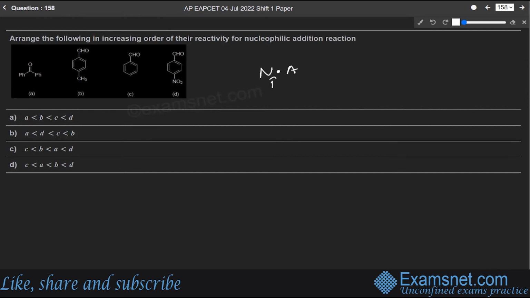Number one, nucleophilic addition reaction is inversely proportional to the plus I effect. Second, nucleophilic addition reaction is inversely proportional to steric hindrance.